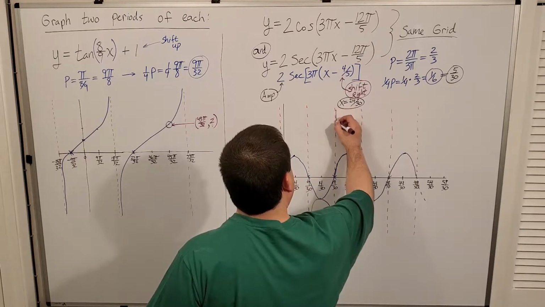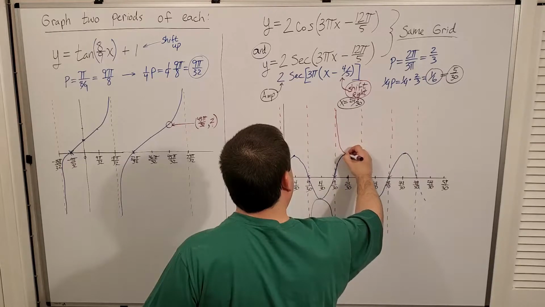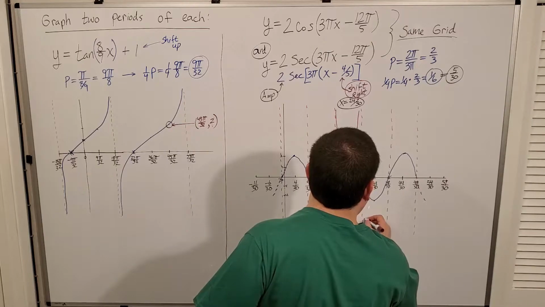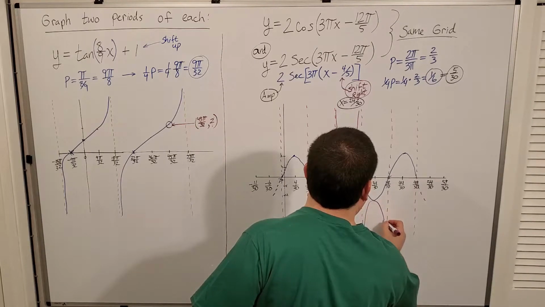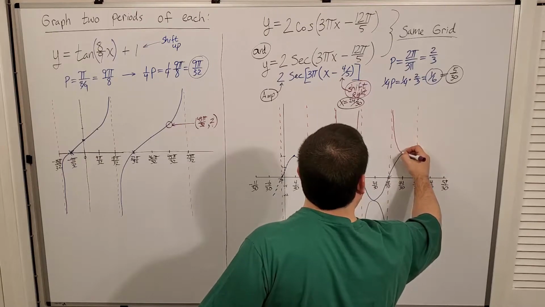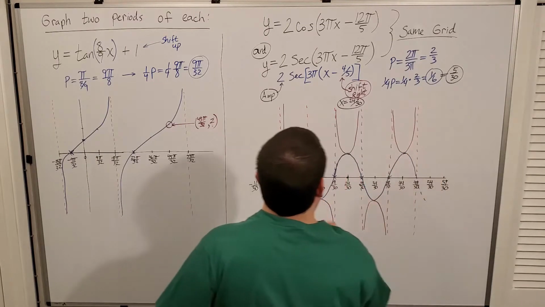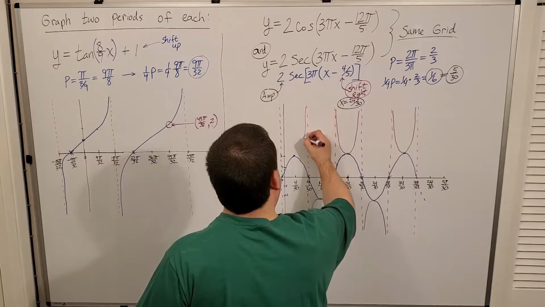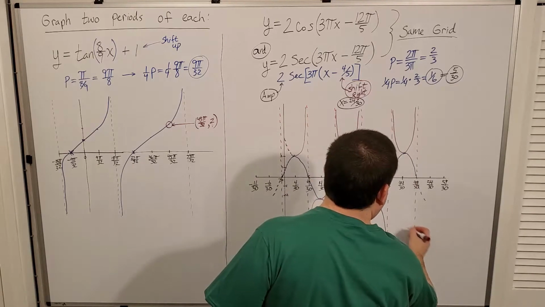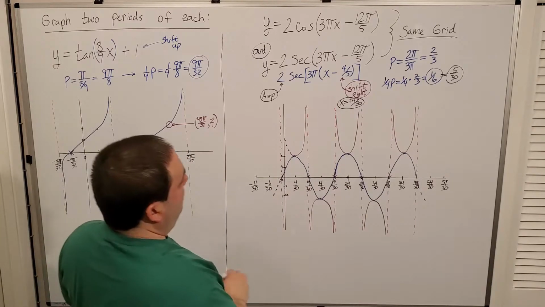And then like this. And I've already drawn two cycles there, but I'm just going to keep on doing what I've got here. Okay, that's good. So there's my secant.